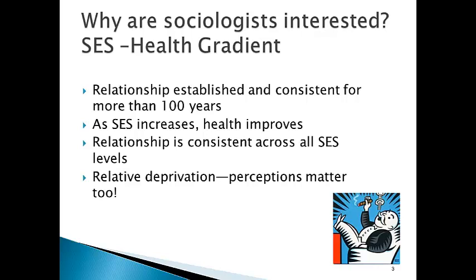Even your perception of your class position in comparison to those around you has an effect on your health. This is something called relative deprivation. If you think that you're worse off compared to your neighbors, your health will be worse.